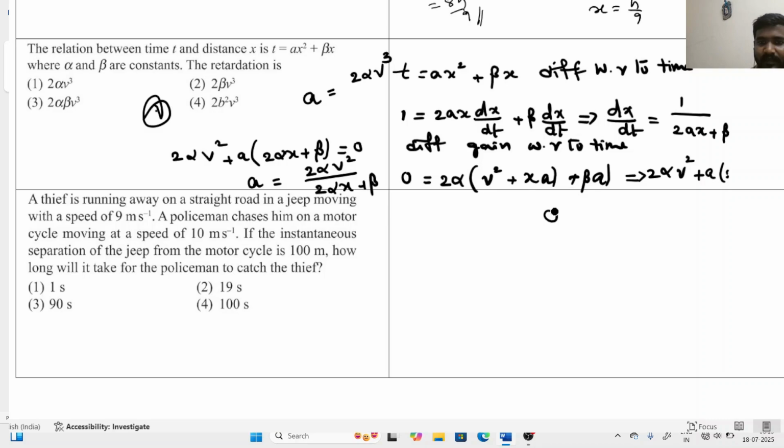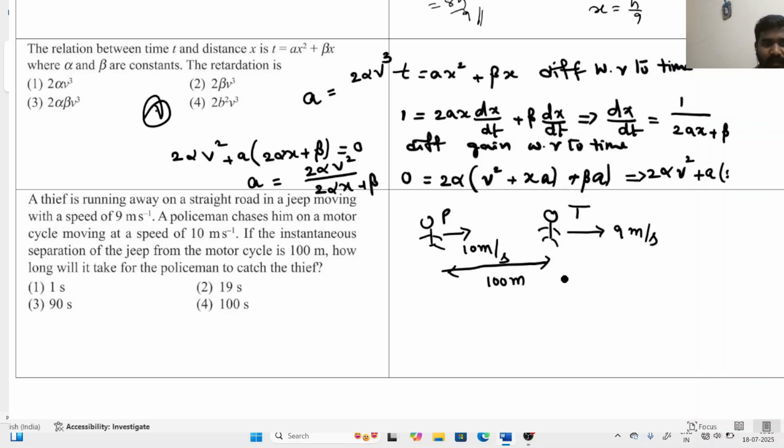The initial separation between them is 100 meters. How long will it take for the policeman to catch the thief?